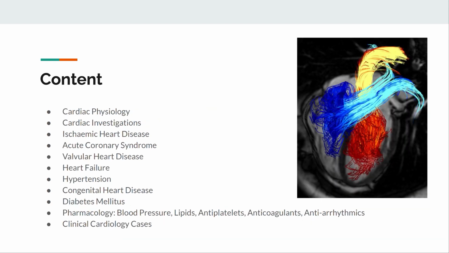So the content of this lecture, we'll go over a bit of physiology review, but I recommend you go back to the ISM review lecture where we did a detailed overview of cardiac physiology. We'll cover some investigations, the high yield conditions revolving around all aspects of the heart, from blood supply to structure to rhythms, and then we'll add on diabetes, which is actually a copy from my year 2 end of year lecture.